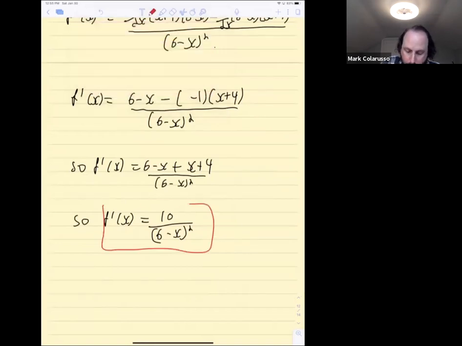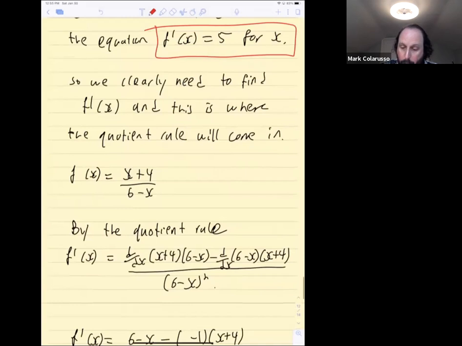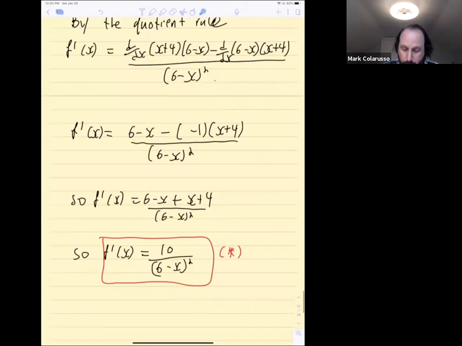So just put it in the box, give this equation a name, call it star. Now we want to use that formula star that we just found in this equation, f prime at x equals 5, to solve for x.